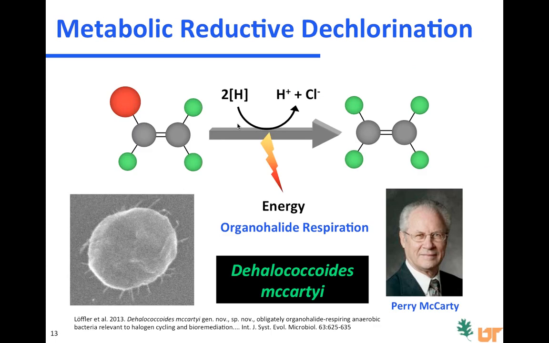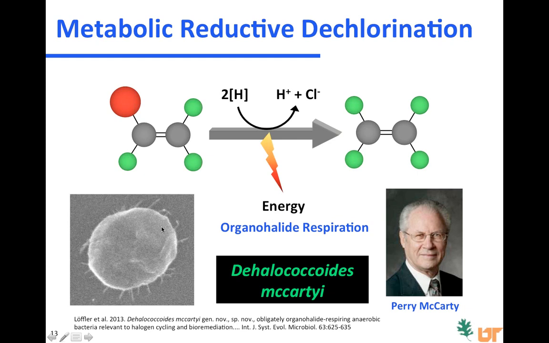So now I talk a little bit more about metabolic reductive dechlorination or organohalide respiration. So vinyl chloride is reduced to ethene. You need an electron donor for this process. And in this reductive dechlorination process, energy is generated, and this energy is captured by these organisms. That's why we call this process organohalide respiration.